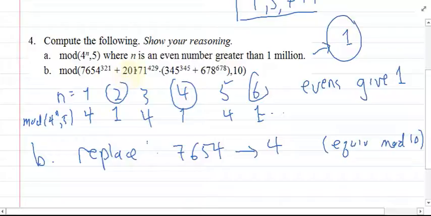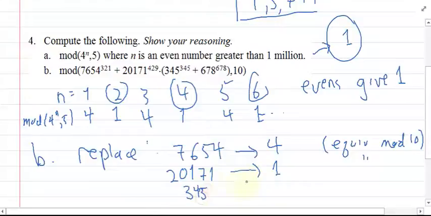Okay, I can replace 20171 with 1, since it's equivalent mod 10. I can replace 345 with 5. And I can replace 678 with 8.